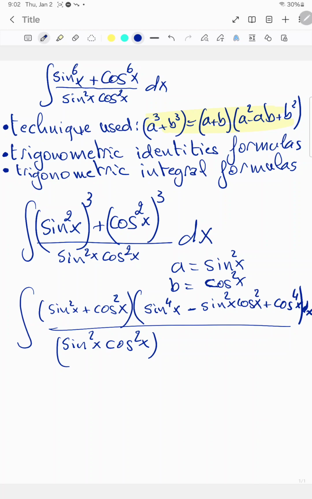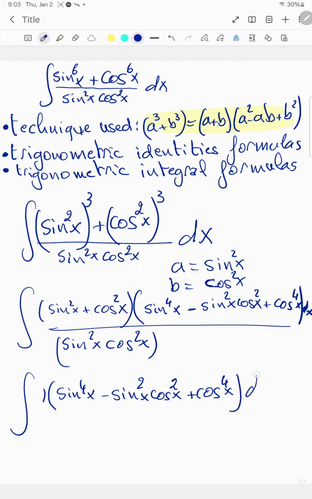But I know there is a trigonometric identity formula that says sine square of x plus cosine square of x is equal to 1. So my integral becomes the integral of 1 times sine to the power 4 of x minus sine to the power 2x cosine to the power 2x plus cosine to the power 4x dx, divided by sine square of x cosine square of x.